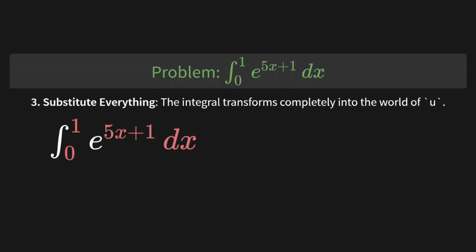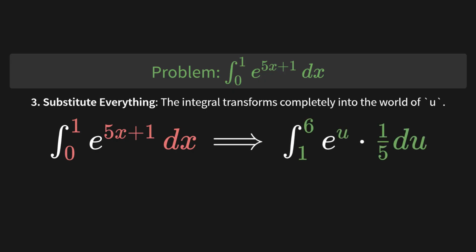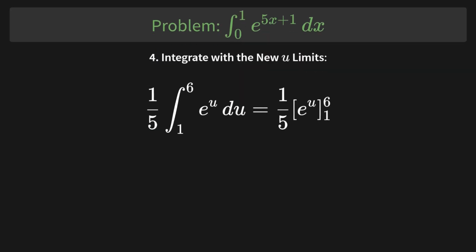Step 3. Substitute everything. The integral transforms completely into the world of u. The integral from 0 to 1 of e to the 5x plus 1 dx becomes the integral from 1 to 6 of e to the u times 1/5 du. We will never go back to x. So step 4, integrate with the new u limits.